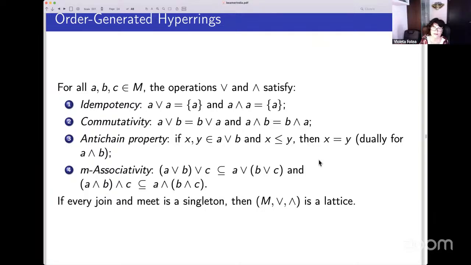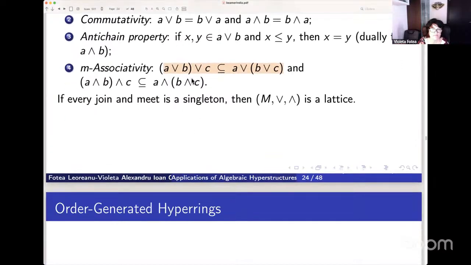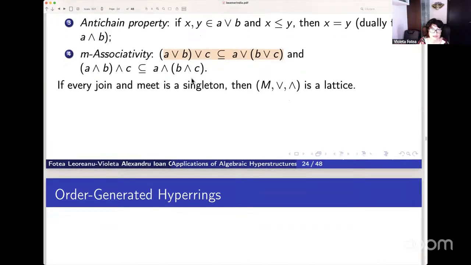So we cannot have chain structures in the set of minimal upper bounds of A and B, and similarly for meet. And there is a so-called M-associativity. Actually, this property holds for any elements A, B, C.